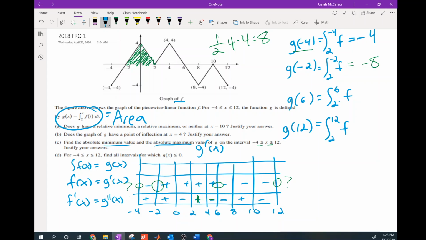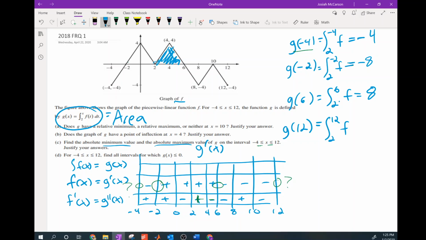Again, it's negative because we're going left. We're starting at 2 and we go left, so it's going to be negative. Now from 2 to 6, very similar, except we're going to have the 4 by 4 triangle, so that's going to give you a +8.